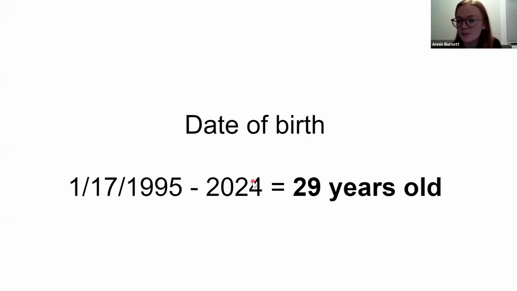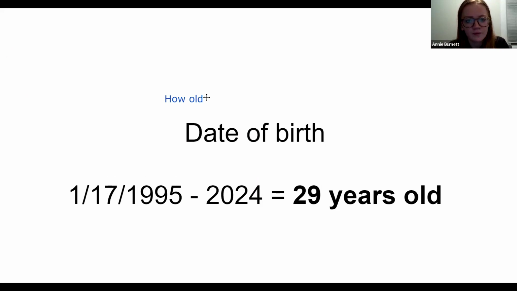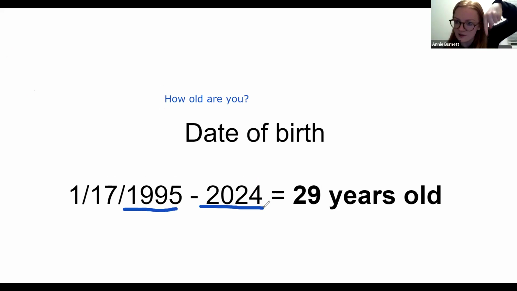Maybe in your country you don't have birthdays or you don't know your date of birth or how old you are. Let's take the year you were born and we can subtract it, right? Mathematics by this year.